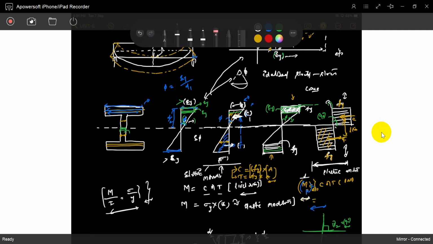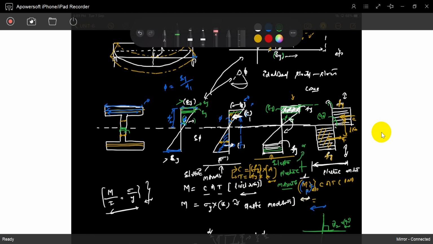If we utilize a certain part of the elastic behavior and a certain part of the plastic behavior, we call it an elastoplastic material or behavior, or elastoplastic analysis.